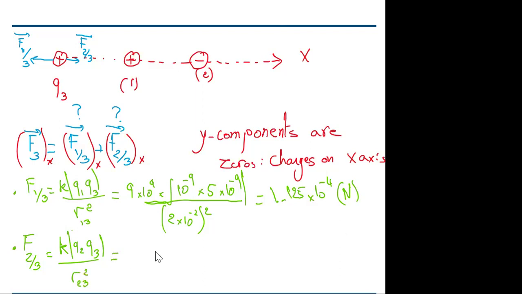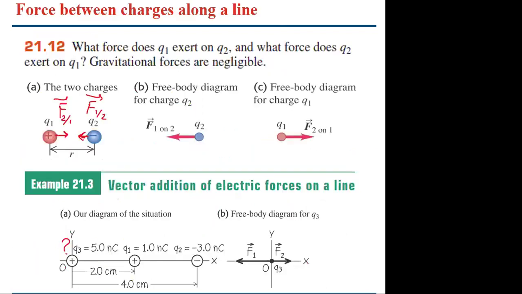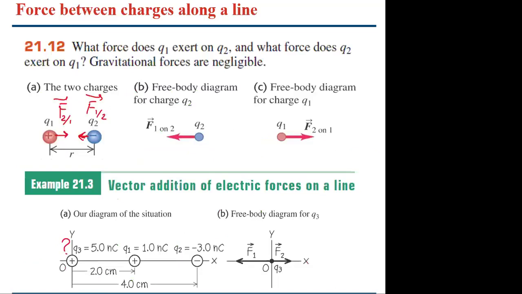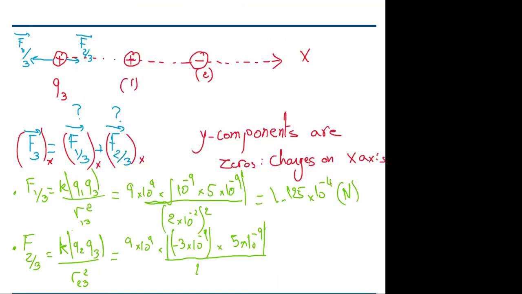So it will be equal to 9 times 10 power 9 times the absolute value of Q2, which is -3 times 10 power -9, times Q3, which is 5 times 10 power -9, divided by the distance from Q2 to Q3, which is 4 centimeters, so 4 times 10 power -2 squared.